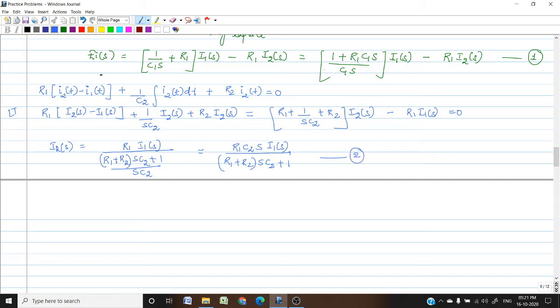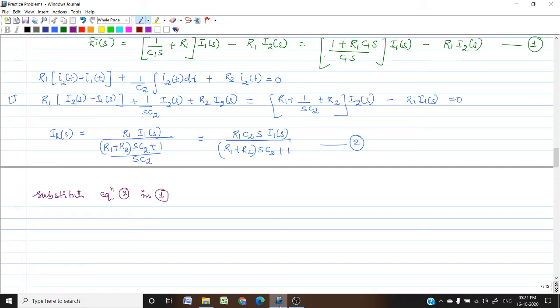I'll substitute equation 2 in equation 1. So Ei of S is equal to (1 plus R1 C1 S) divided by C1 S, it's not plus, it becomes minus R1 into this term.